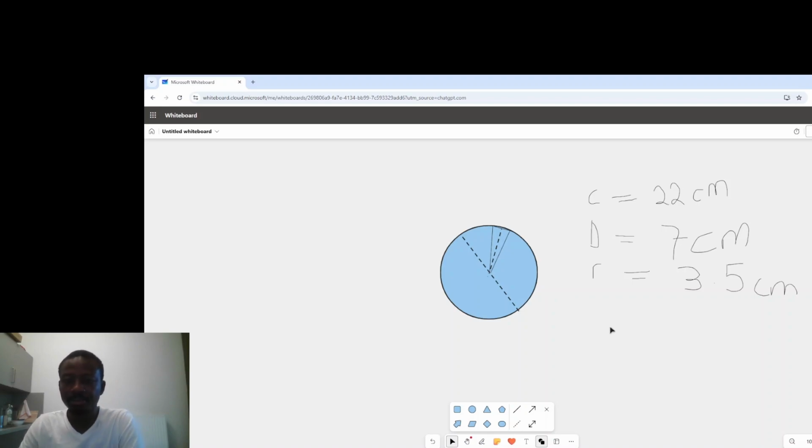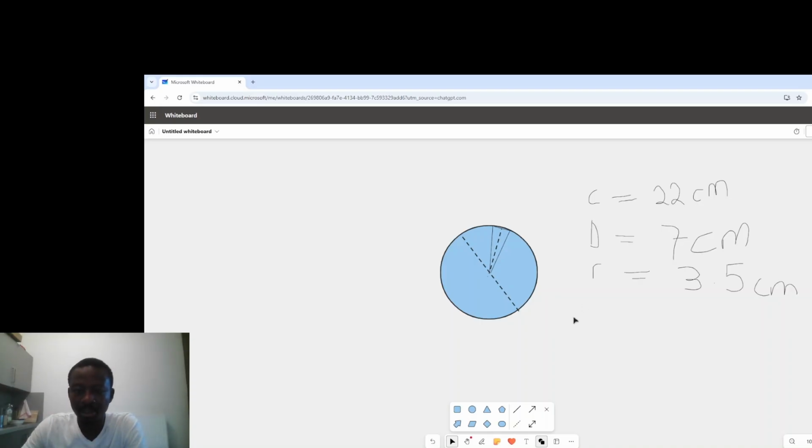And now the next thing I'm going to do is take this image, and I'm assuming that this is just one of the 22 triangles that I drew on the circle. So I'm just going to use one to calculate the area of the triangle.